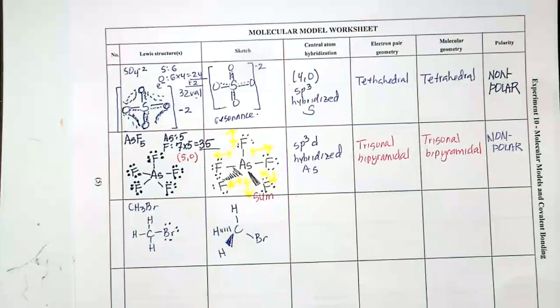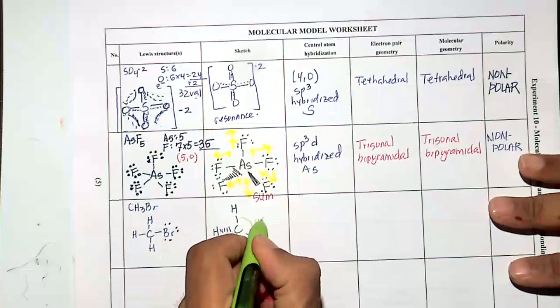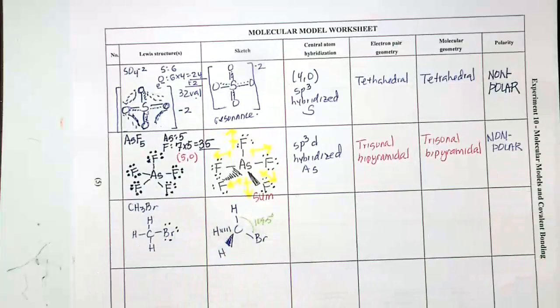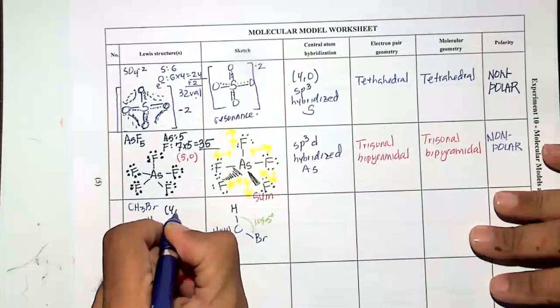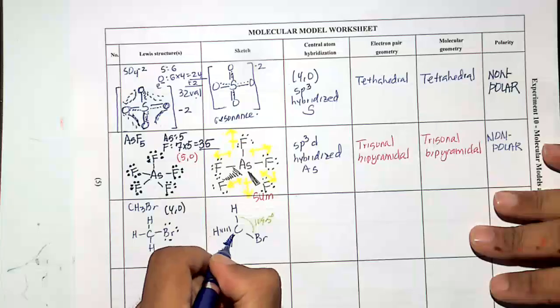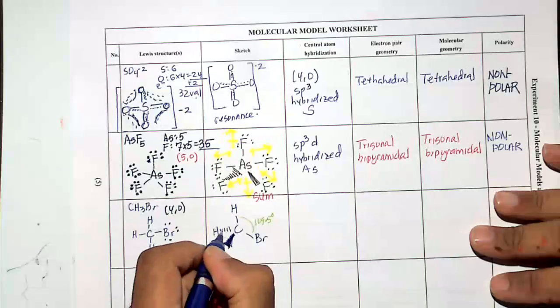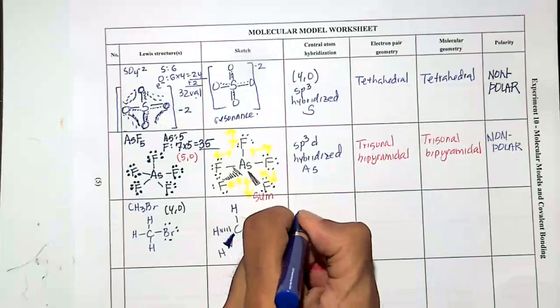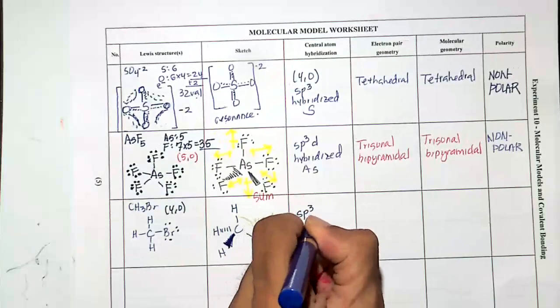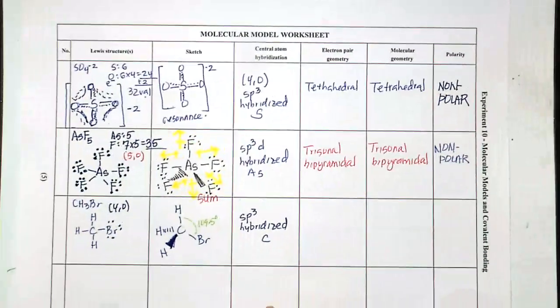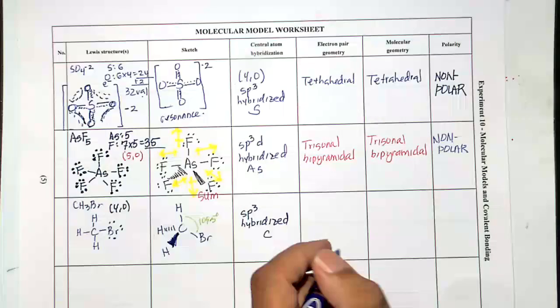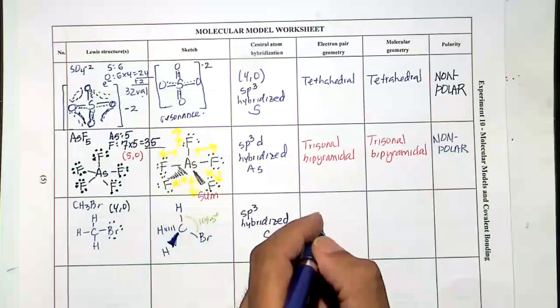Okay, nice bond angle of 109.5 degrees. And what's the central atom hybridization? How will we get to 4 bonds and 0 lone pairs? This is an sp3 hybridized carbon. There are no lone pairs, so we do not worry about electron pair geometry.